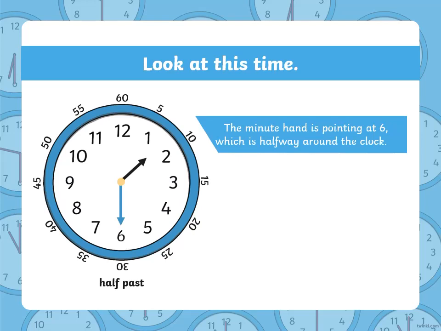Now, it's important that we know which one is our minute hand. So our minute hand is our long hand. So we can see that our long hand is pointing to our minute.